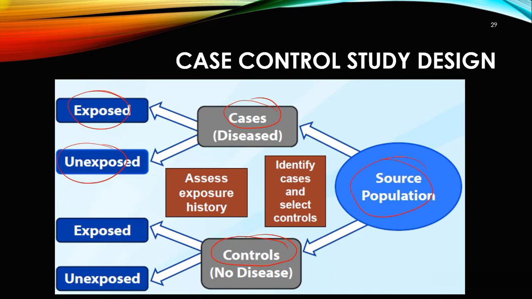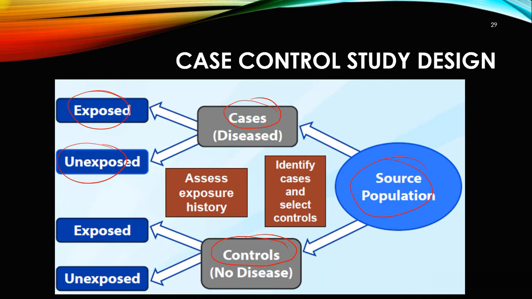In cohort study, it was exactly opposite. We were categorizing, or separating, the population depending on exposure. But in case of case control study, we are separating the population depending on presence or absence of outcome. Here the parameter of selection of the population is different. It is the outcome on which we are distinguishing the population.